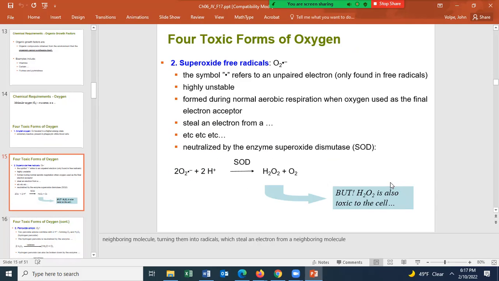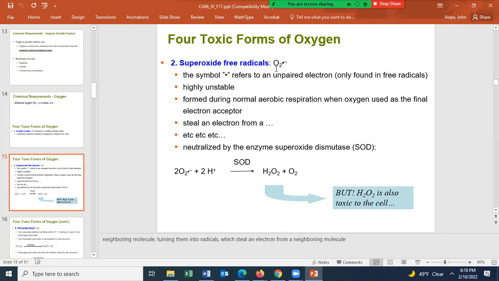There's also superoxide free radicals. This is oxygen with an extra electron. So that extra electron gives the oxygen a negative charge. That symbol refers to an unpaired electron. It's only found in free radicals.